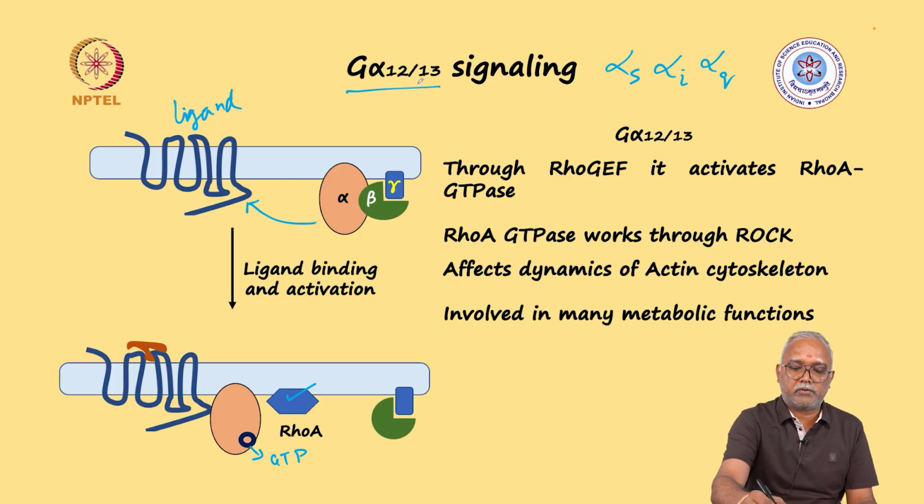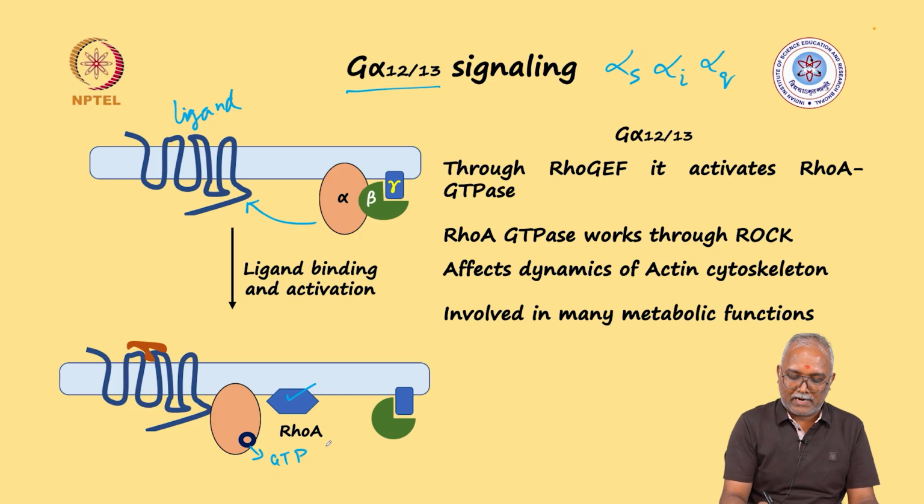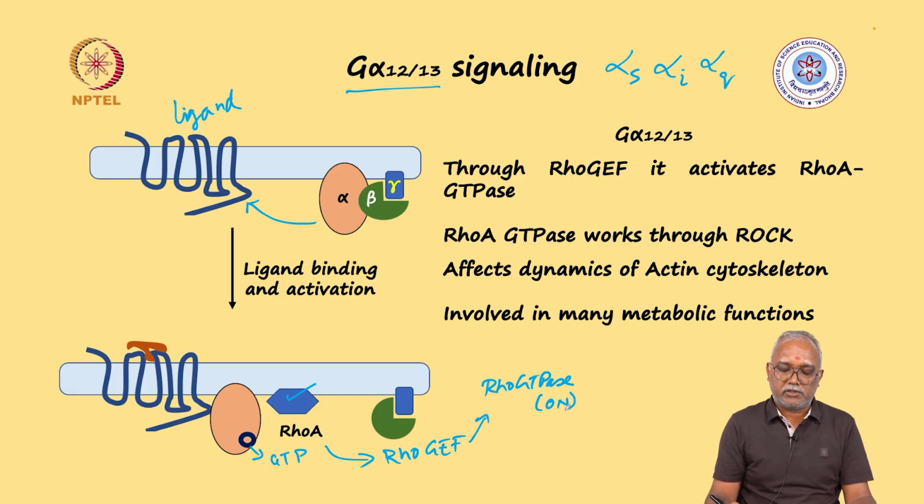Here in case of G alpha 12 and 13, the next molecule which is activated is RhoGEF. And if you recollect, RhoGEF will ensure that Rho GTPases are now in the on situation, which basically means they are loaded with GTP. And this beta gamma subunit can independently induce the signal.